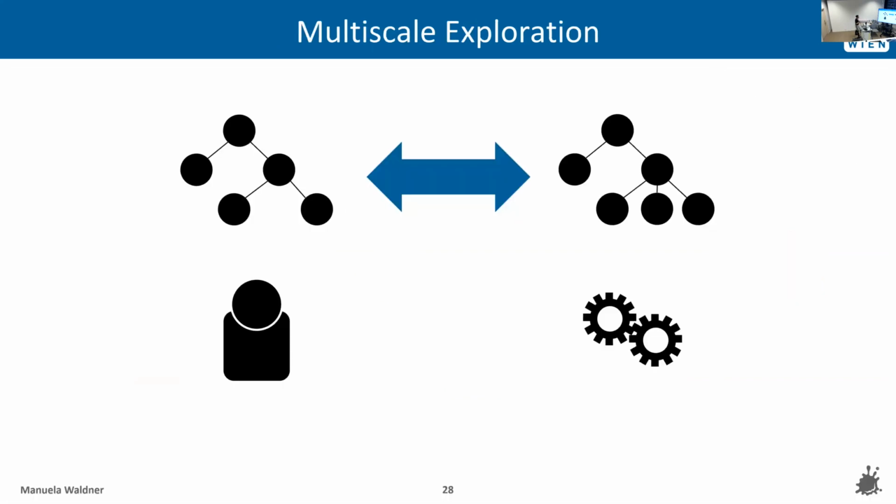Now recall that we have a hierarchy. And so we thought about how we can bring multi-scale interaction into the whole process. For the concept space, so for the human interpretable concepts, that's pretty intuitive.